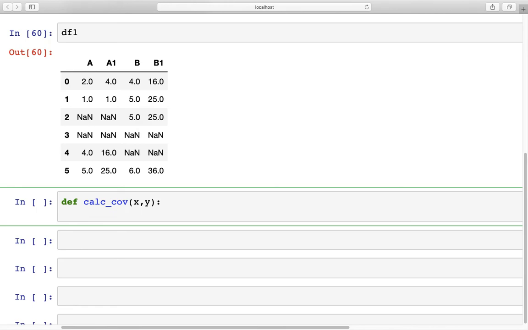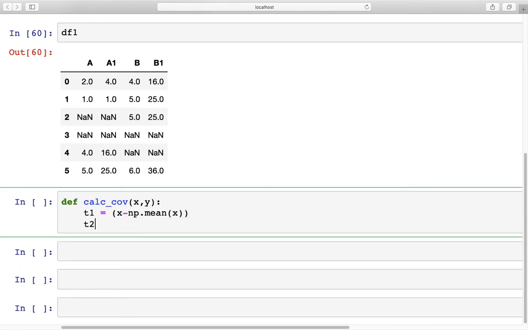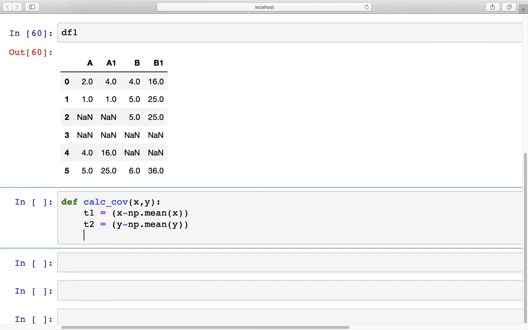Now the x, we'll use this to calculate the difference. So t1 is x minus np.mean of x, and t2, the second series that comes in, is y minus np.mean of y.